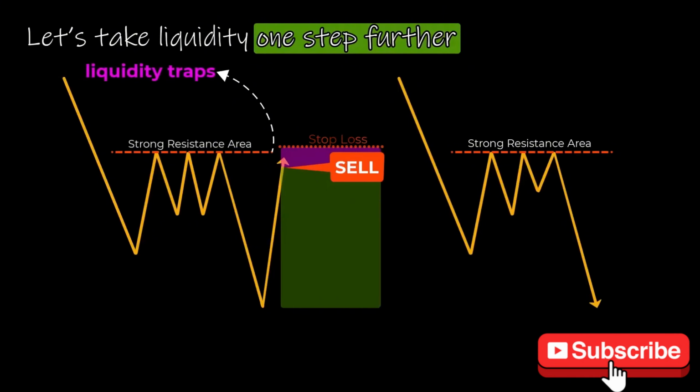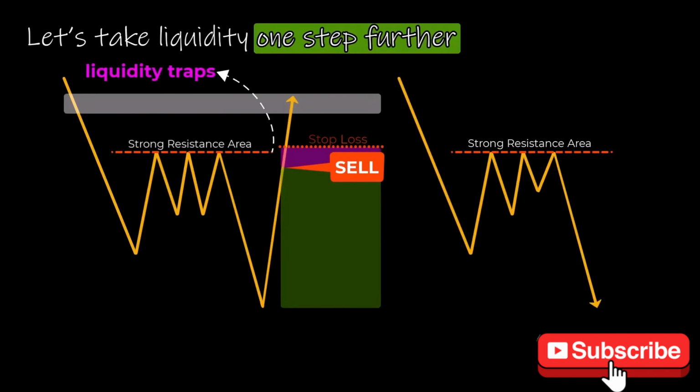When price builds up multiple touches at the same level, it's not a sign of strength. It's actually a setup. It means liquidity is stacking up on both sides of the range, and smart money sees that. If they want to sell, they'll first push price above the equal highs, triggering all the stop losses in buy stops, then quickly reverse the market and dump it back down in the original bearish direction.